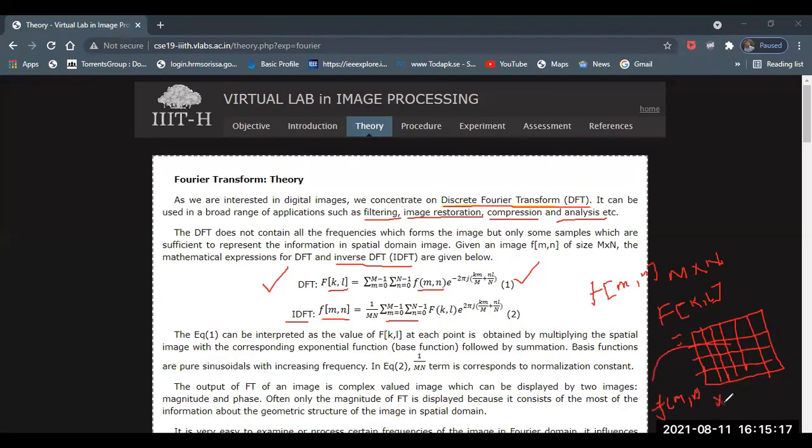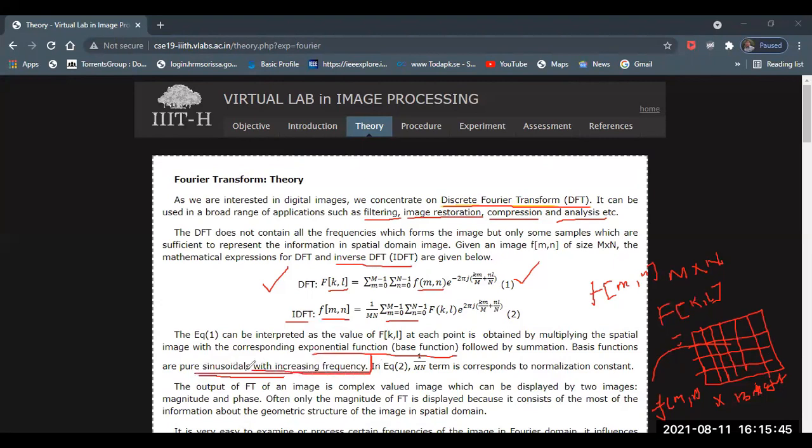by the basis function. The basis function here is the exponential function, so we multiply with the corresponding exponential function, which is the base function, followed by summations. Now you have to understand that these base functions are purely sinusoidal, with increasing frequency.